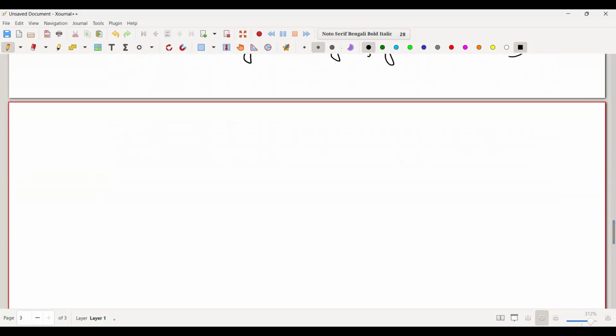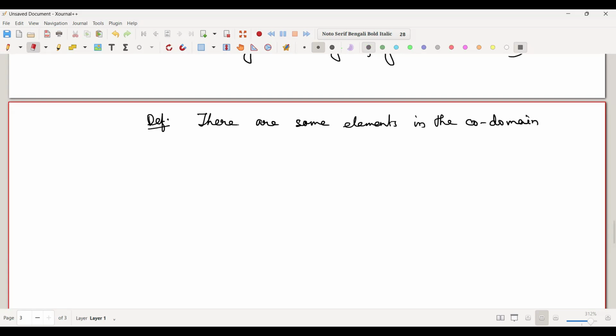The definition is that there are some elements in the codomain that do not have pre-images.